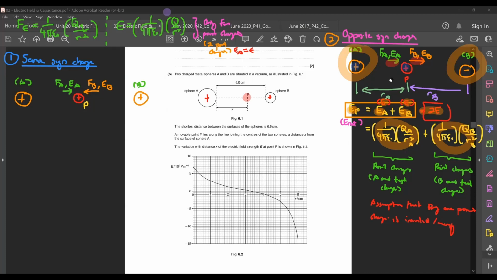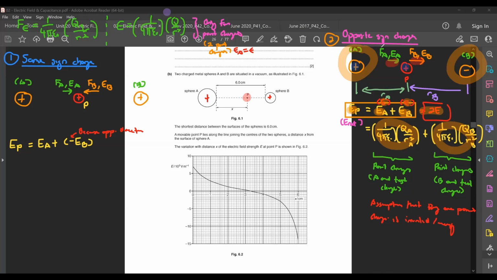So in your case, EP is actually going to be, maybe I'll use a more striking color here, yellow again. Here you would say EP is actually going to be EA plus negative EB, because of the opposite direction. It's different from the one before, where you had no negative because both were acting in the same direction.